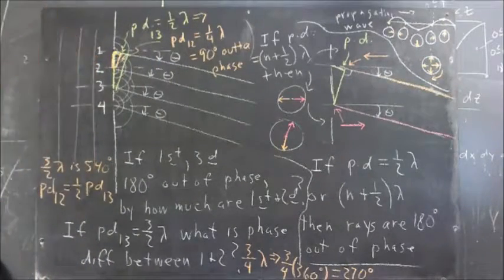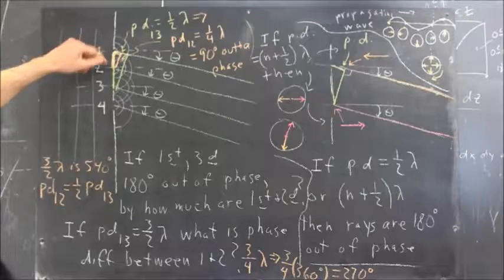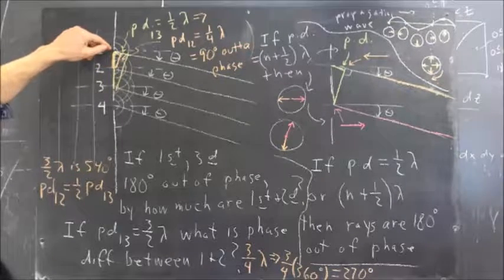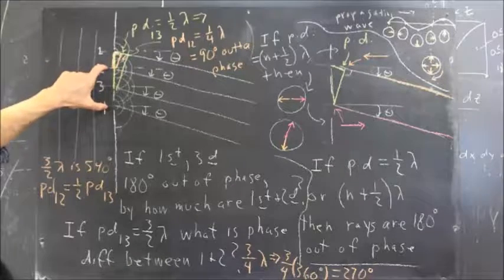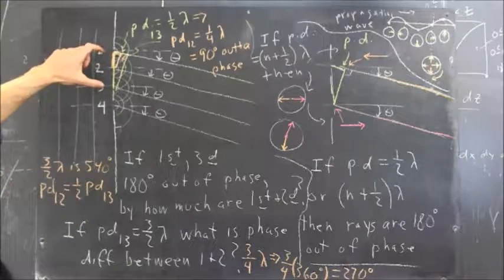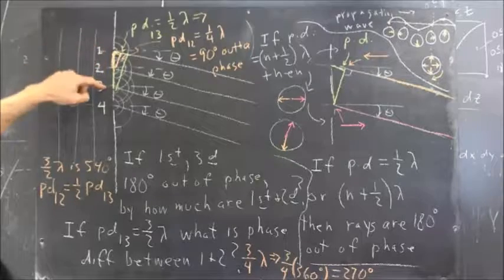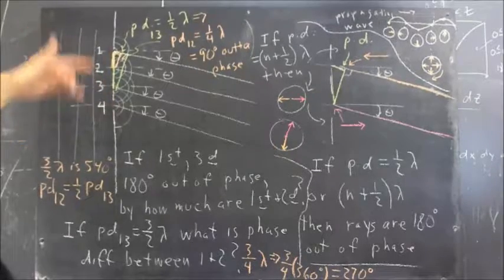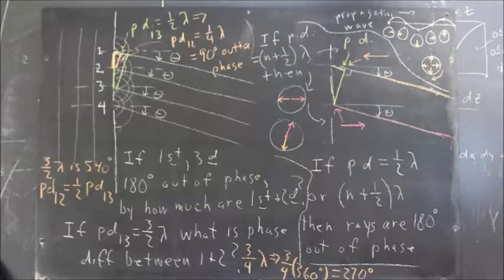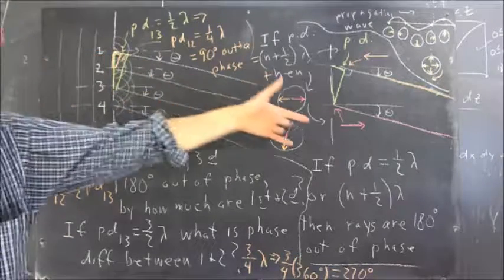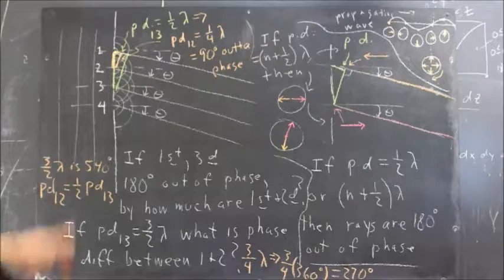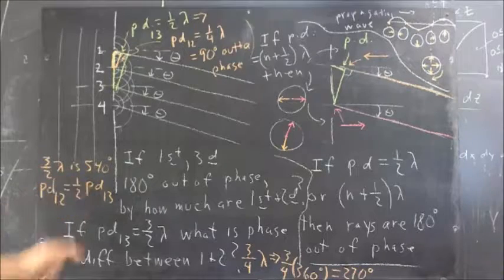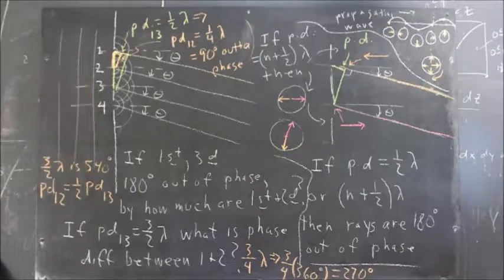So you can have a 270 degree difference between here and here, and that would still give you destruction between 1 and 3, or between 2 and 3, and you would again get destructive interference at your detector, the screen or whatever it is you happen to be detecting the wave with. Now we're going to go a little further with this, but hopefully you understand what we're talking about so far.